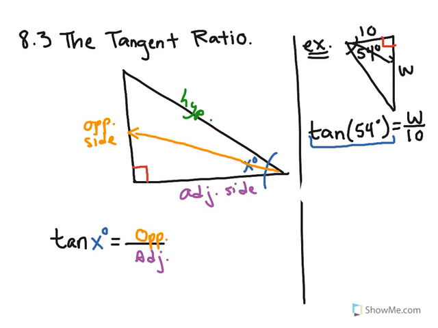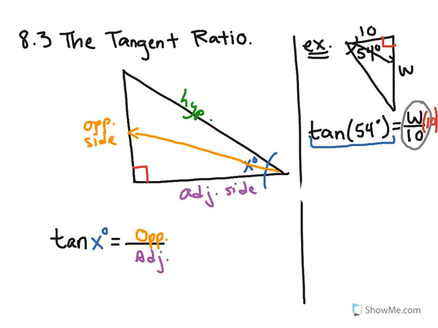You have to move both the tangent and the 54 degrees at the same time with each other. Now, that being said, I want you to take a look at the right-hand side of this equation. In order for me to solve for W here, since W is being divided by 10, it seems pretty common sense that all I would have to do is to multiply this by 10, and I'm going to try to squeeze that in.